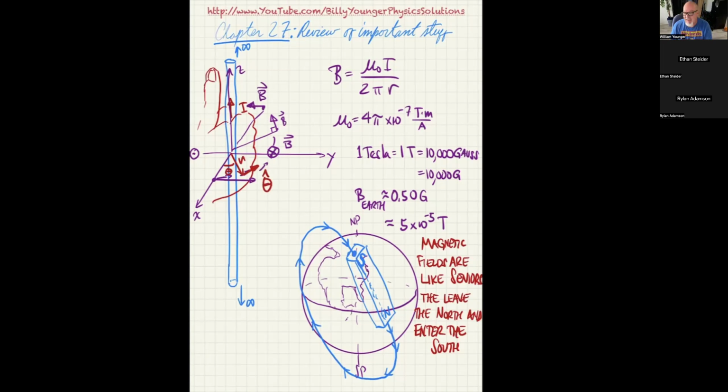I just need you to recognize that it exists, and I can even tell you that theta hat is negative sine theta i hat plus cosine theta j hat. And this r vector, we call that r hat, and that's cosine theta i hat plus sine theta j hat.